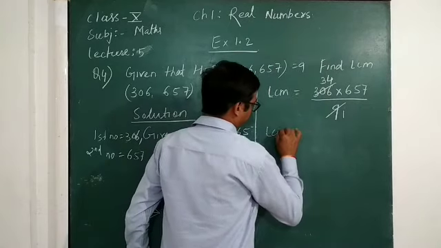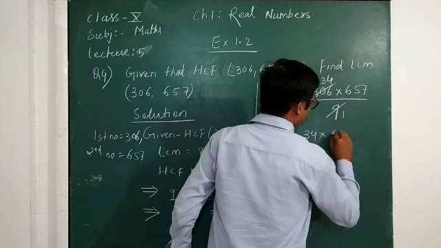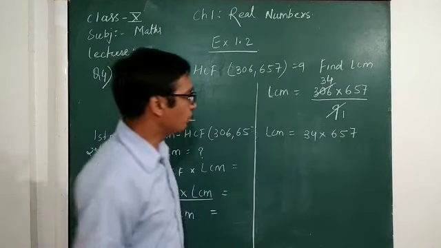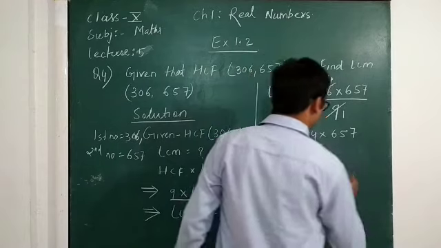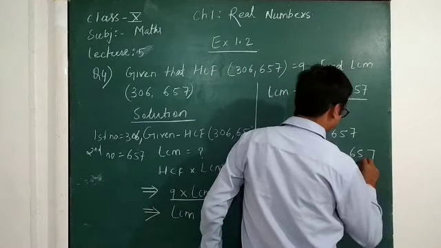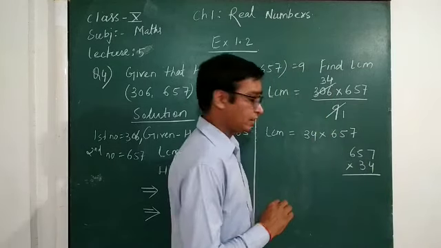Now LCM is equal to 34 into 657. Now if you multiply this, you can do the multiplication of 657 by 34 over here.